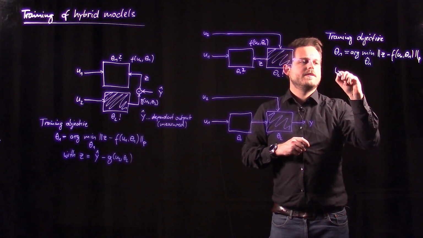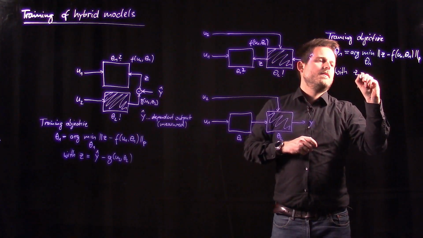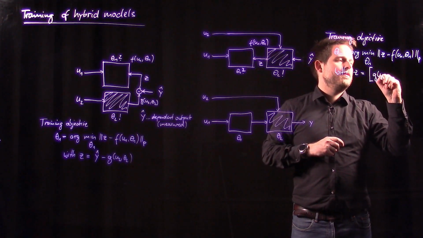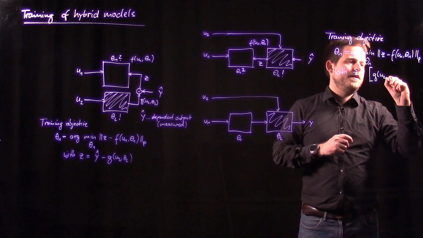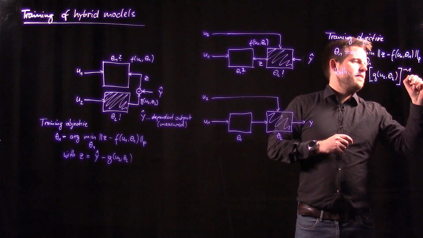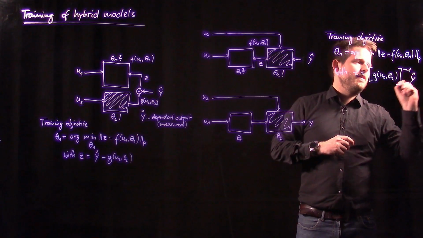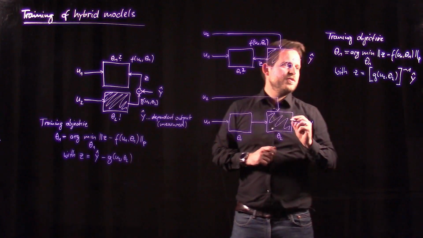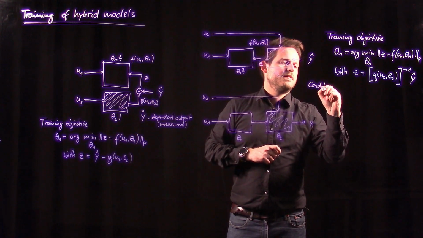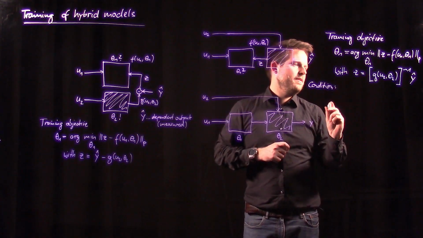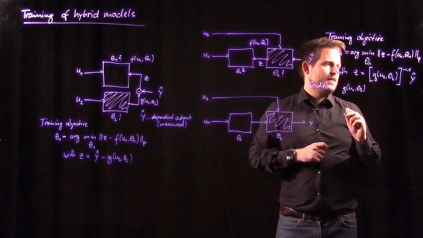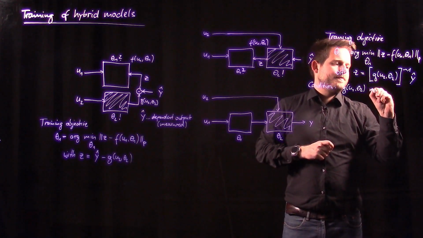But now with Z equals the inverted function g from u2 and theta 2 times my measurements y hat. And what you clearly see is that the condition is that this function g from u2 and theta 2 must be invertible.